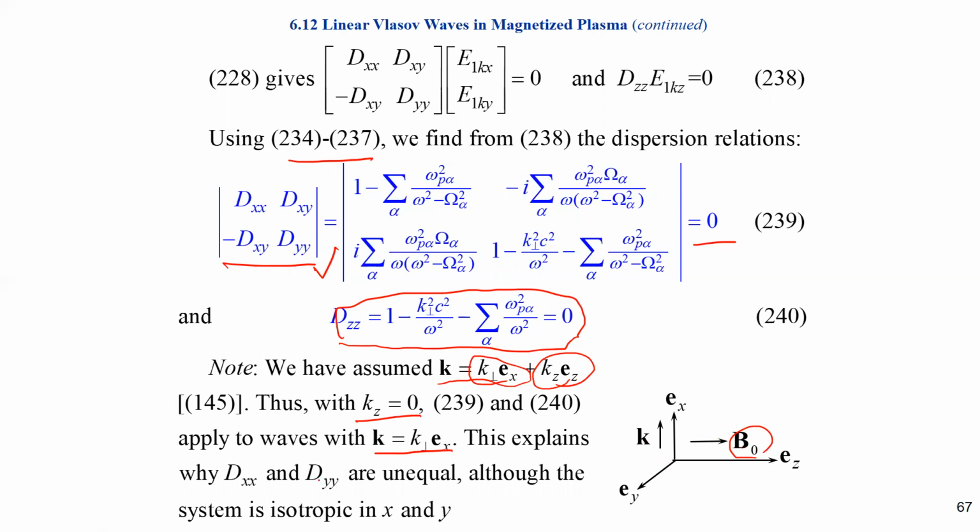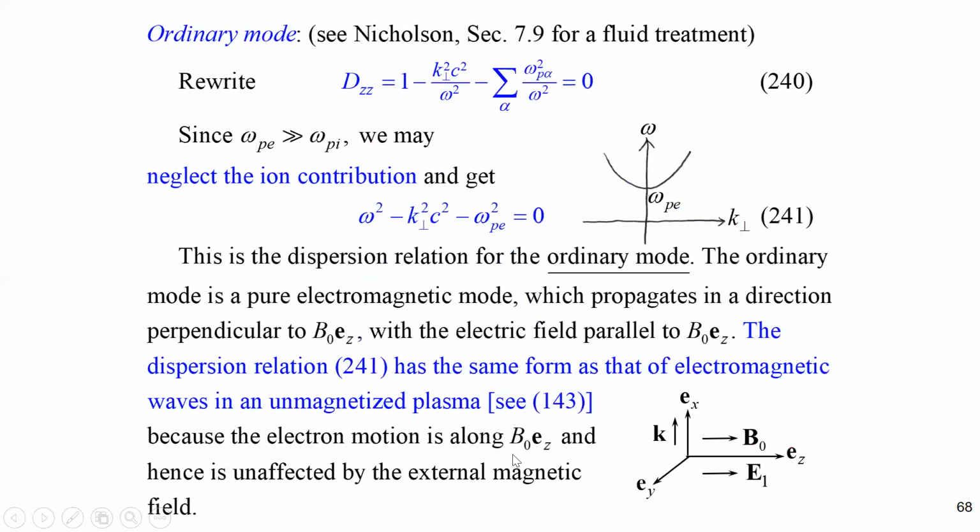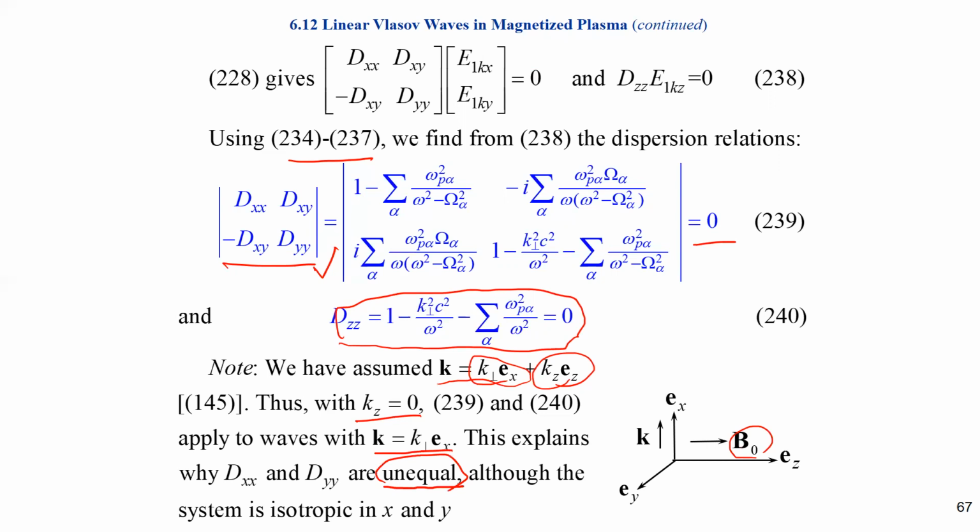This explains why dxx and dxy are unequal. Although the system is isotropic in x and y, dxx and dxy are unequal.